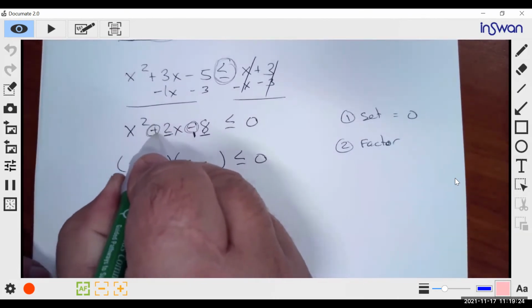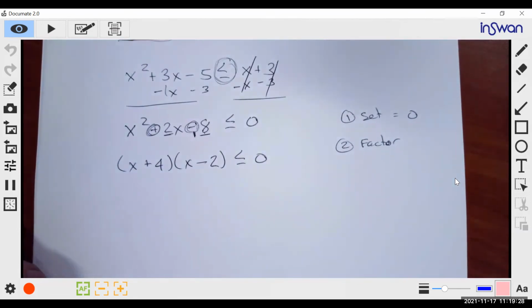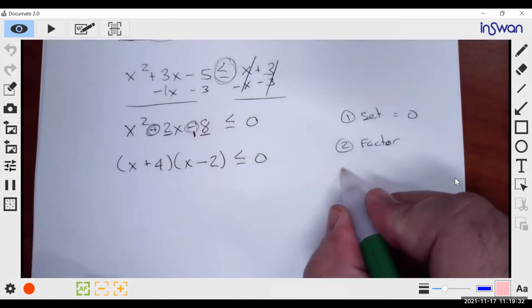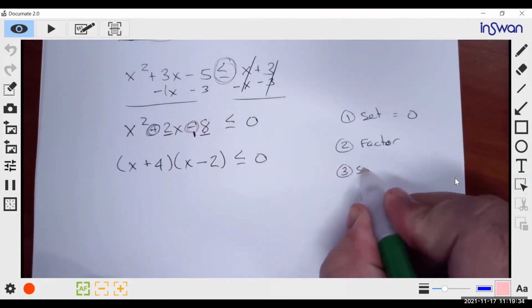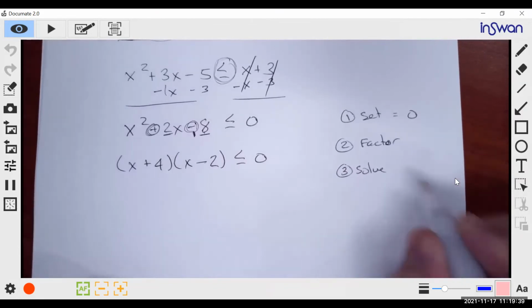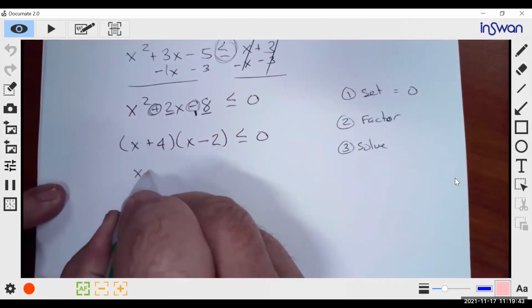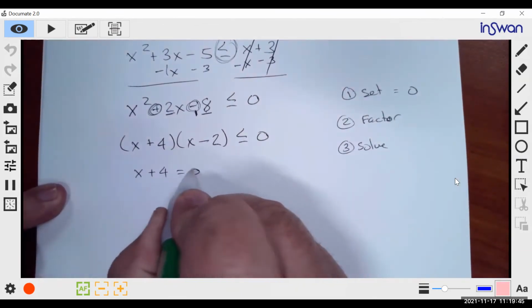So the bigger number gets the plus. So 4 goes there, 2 goes there. Solve. So in other words, we set both of these equations equal to 0.